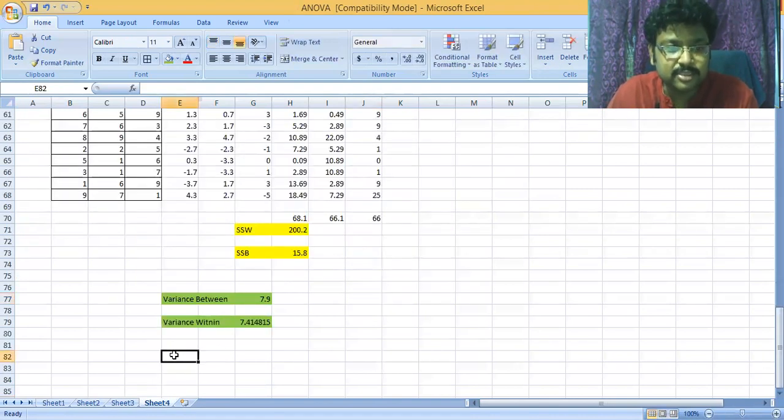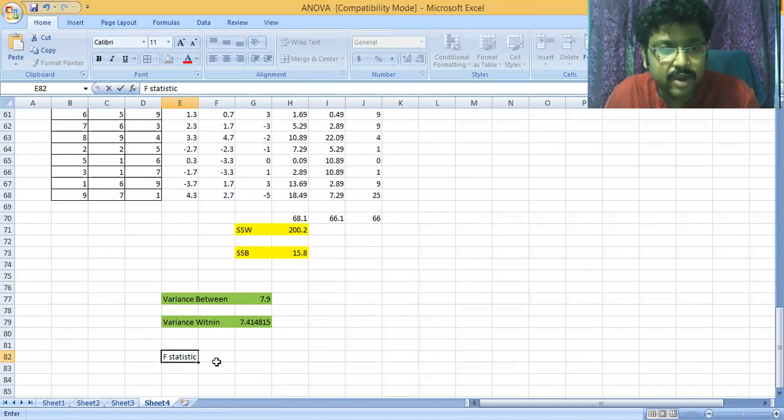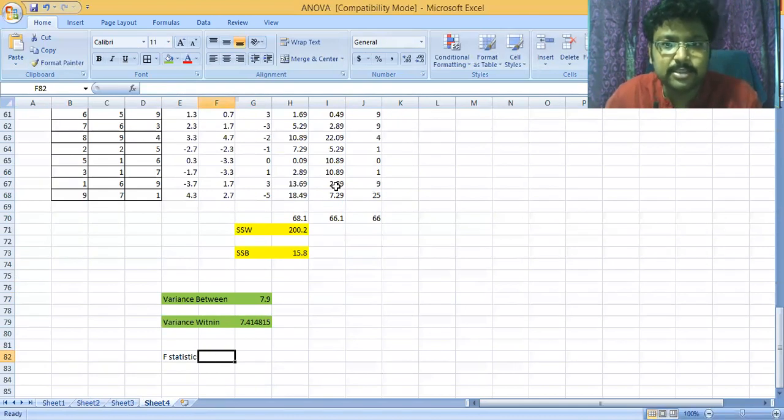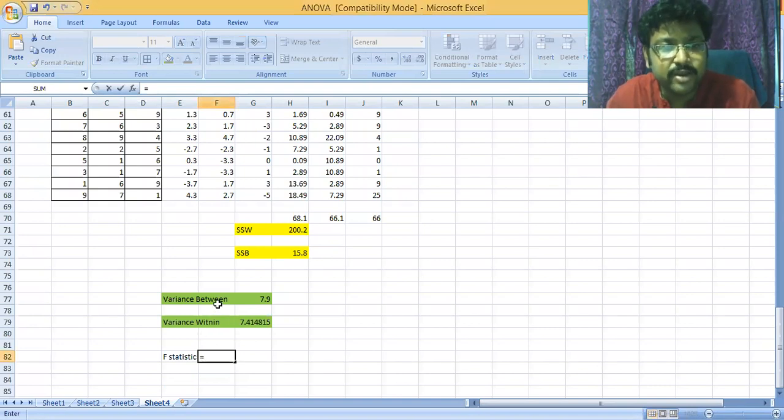The F statistic is a ratio: we divide the variance between by the variance within, the mean square between by the mean square within.